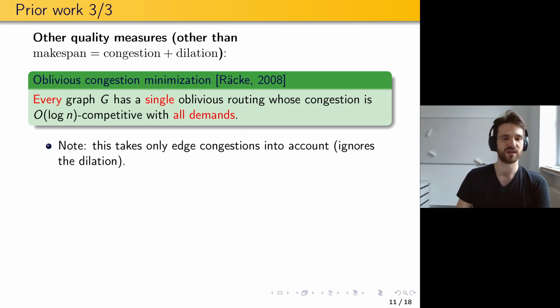It says the following: for every graph G, there is a single oblivious routing where the congestion of the obliviously chosen paths is log n competitive with the offline optimum with respect to all possible demands. So whatever demands s_i, t_i you have, sample random paths with respect to this oblivious routing, and the congestion of these paths is going to be log n competitive with the offline optimum.